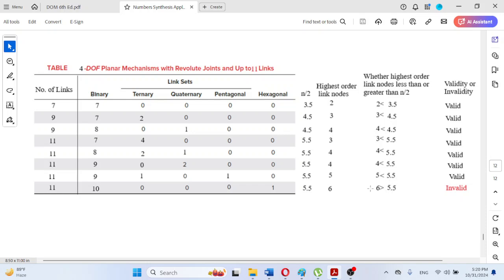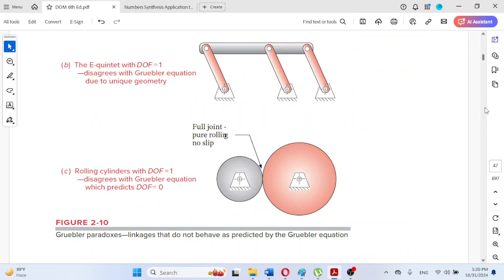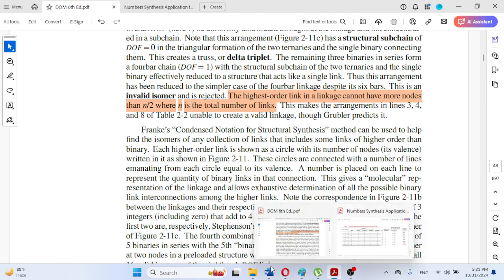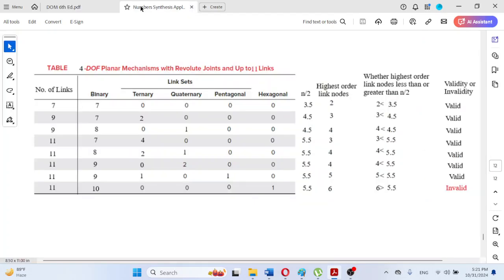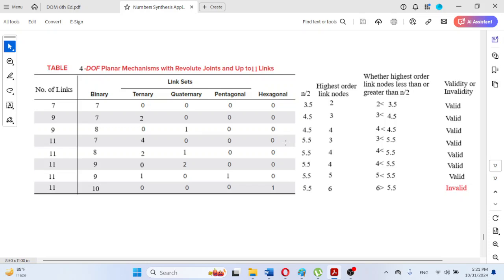So that means this is invalid according to the statement mentioned here on page number 48 of the book, that the highest order link in a linkage cannot have more nodes than n by 2, where n is the total number of links. So in this way the validity of the linkage has also been explained.